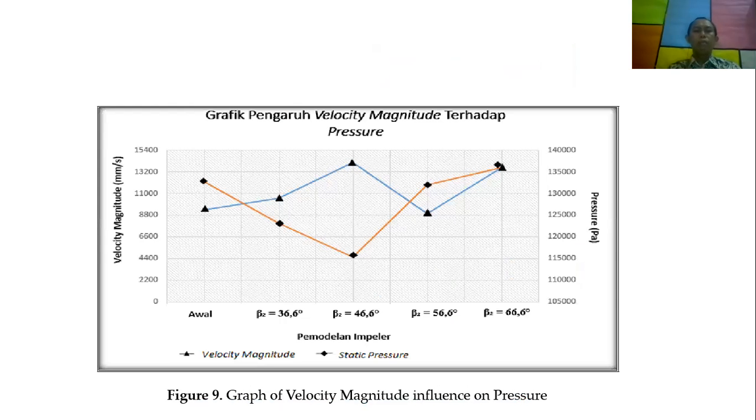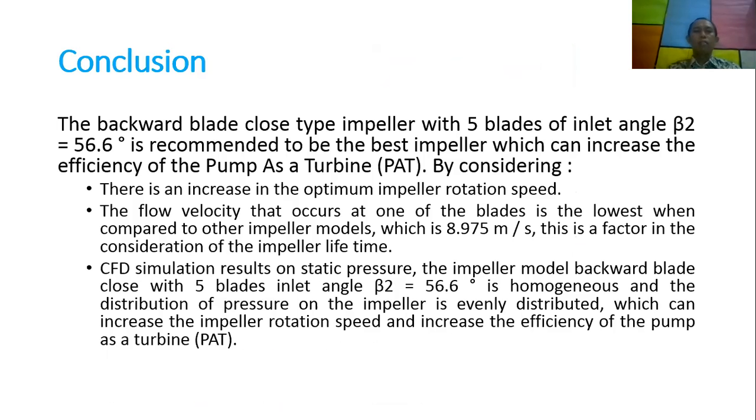So we have the velocity magnitude versus pressure that is very high here. We choose angle 56.6.